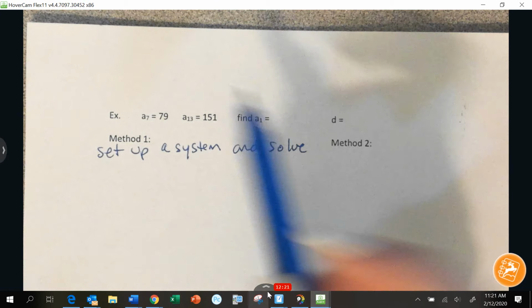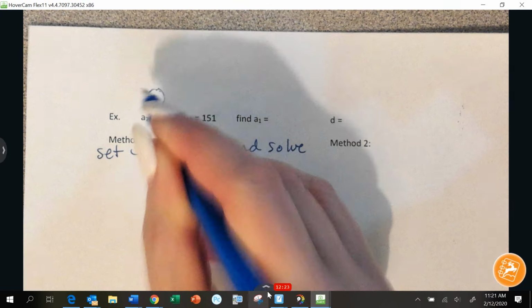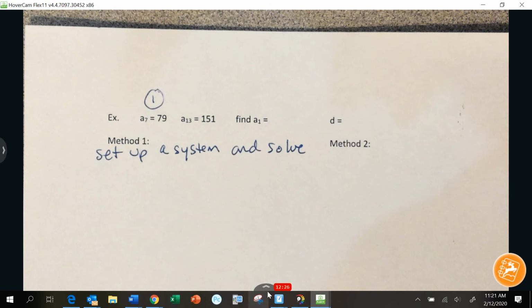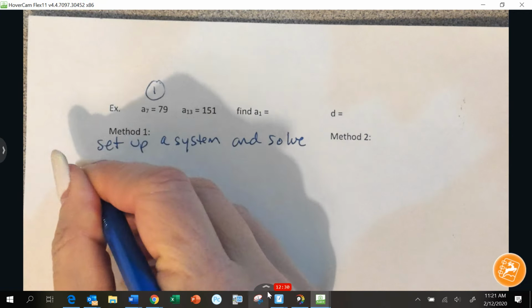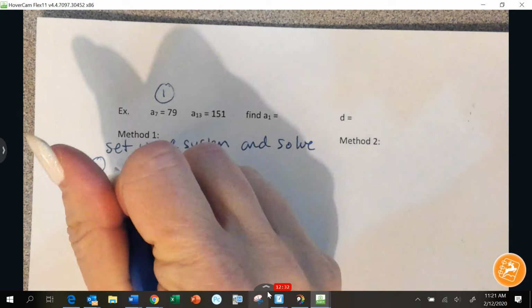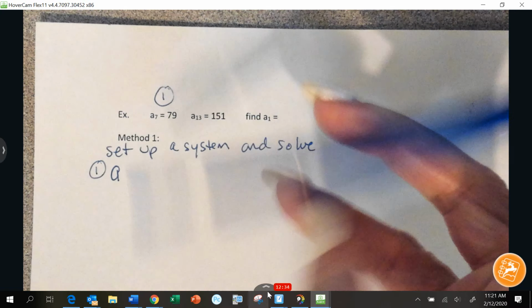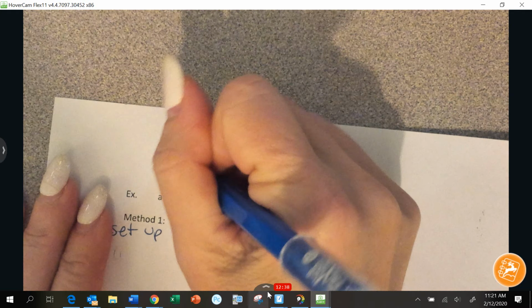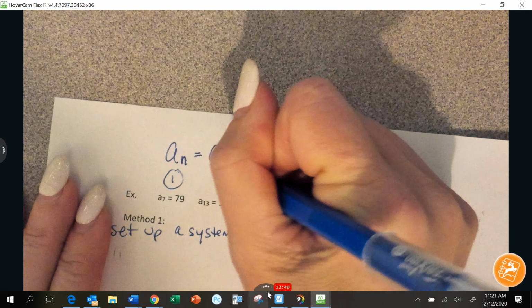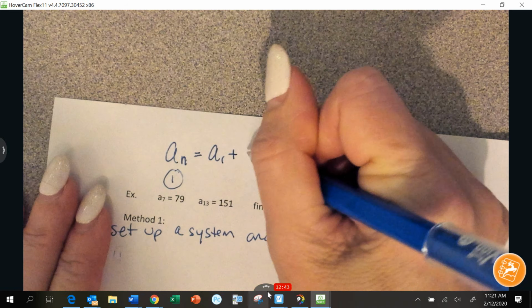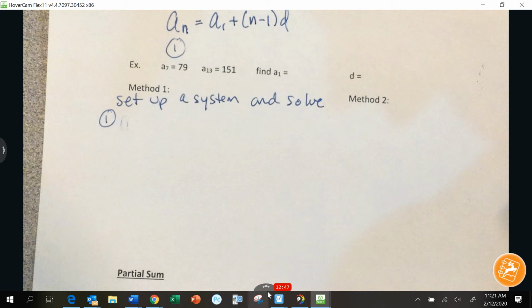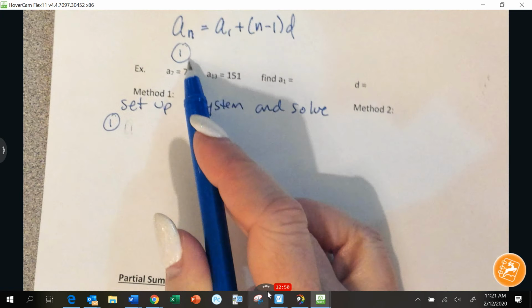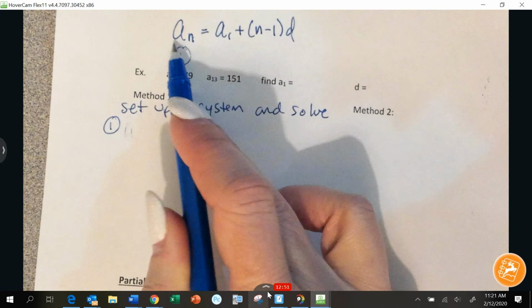So my first equation is going to come from the information a sub 7 equals 79. For our first equation, a sub n equals a sub 1 plus n minus 1 times d. For a sub 7 equals 79, what is a sub n?